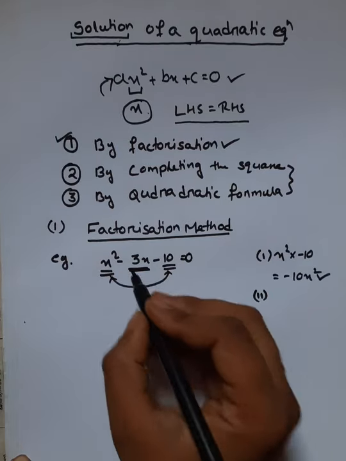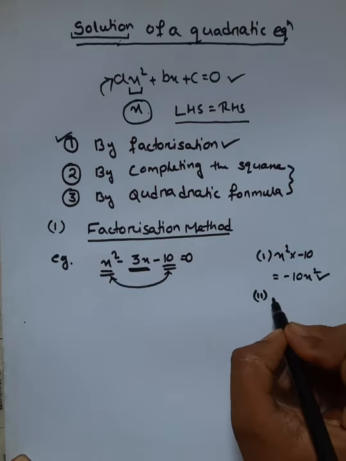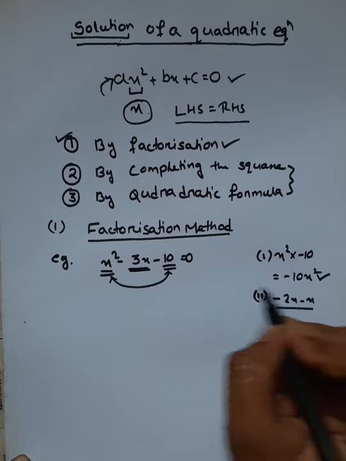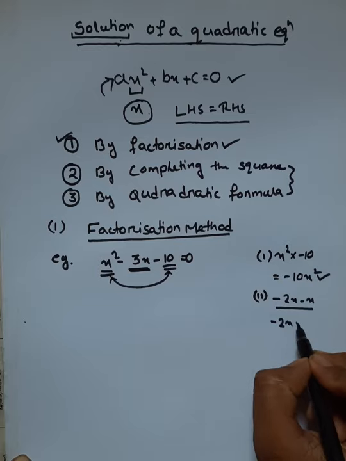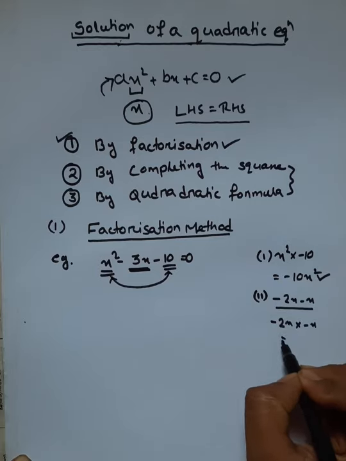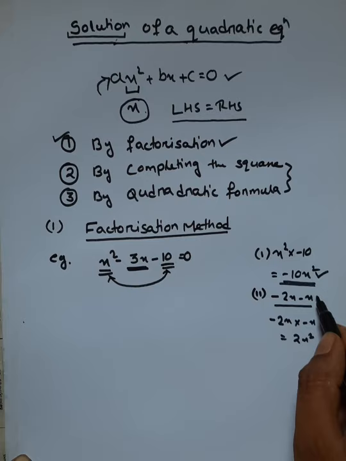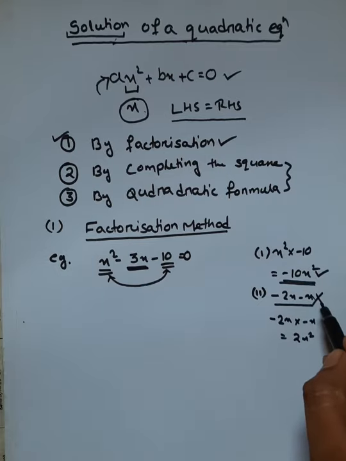Minus 3x can be written in so many ways. Minus 2x minus x is equal to minus 3x, but the multiplication of minus 2x into minus x is 2x square, not minus 10x square. So we cannot take this value.